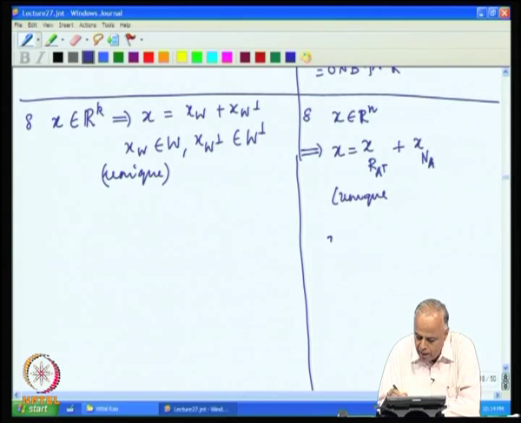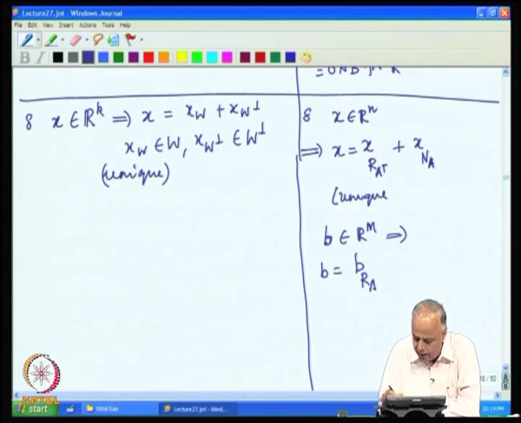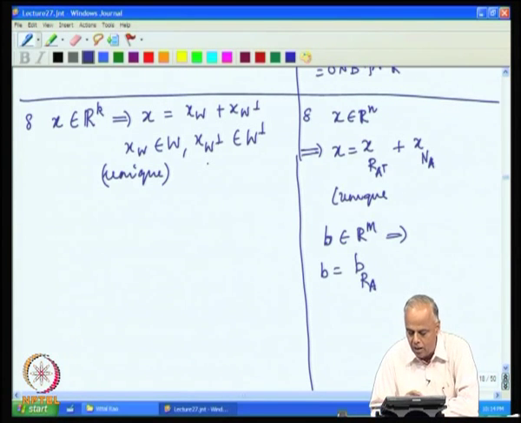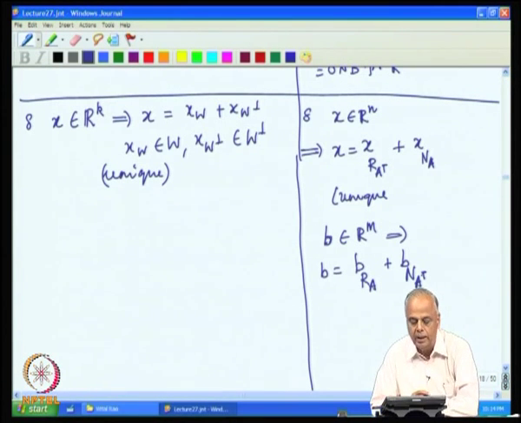And on the R^m side, if b belongs to R^m, that implies b can be decomposed as a part which is in R(A), I am taking W as R(A) now, plus a part which is in R(A) perp, but R(A) perp we found was N(A transpose).